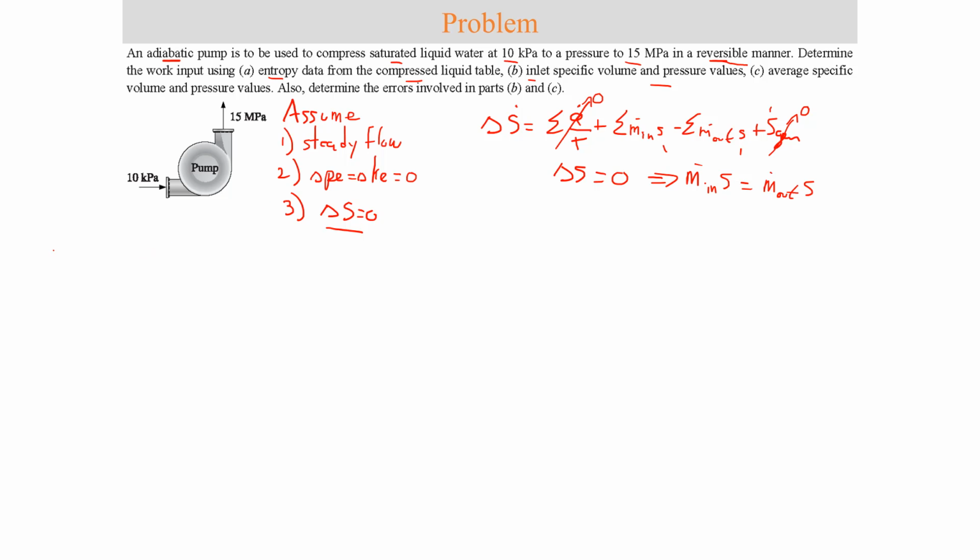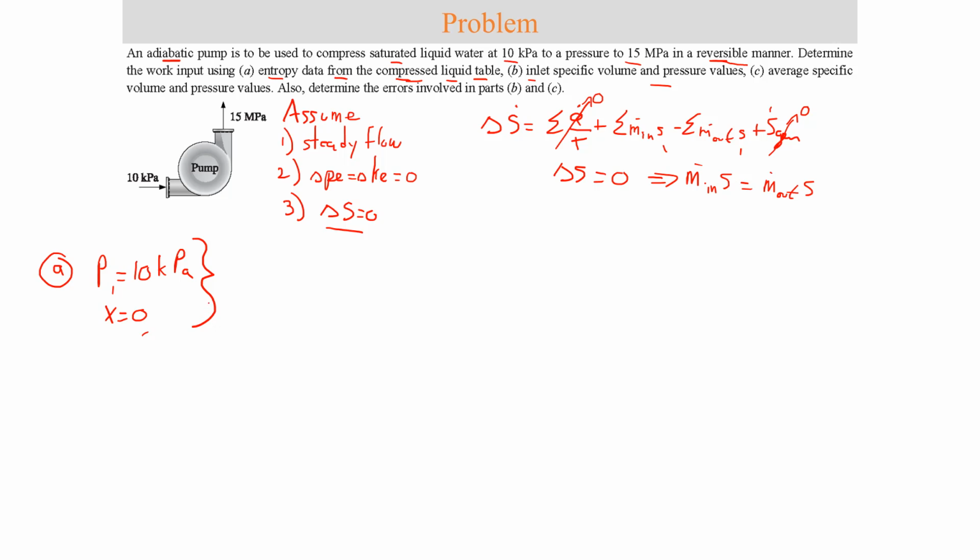So part A is asking us to find the work input using the entropy data from the compressed liquid tables. Let's look at the state of the water entering the pump. It's at 10 kPa as a saturated liquid water, which means a quality of 0.